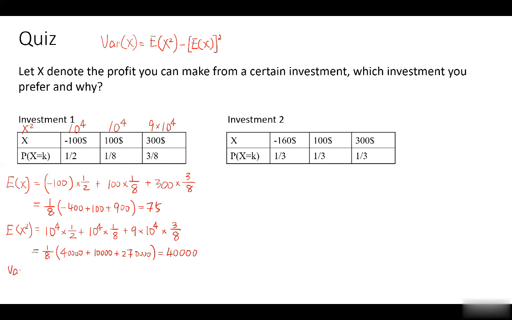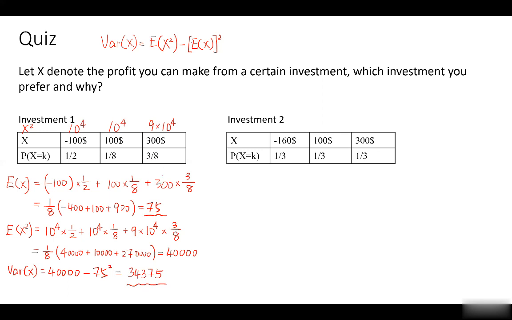Okay, so our VAR X is 40,000 minus 75 squared, which is 34375. So the expected value is 75 and VAR X is 34375.